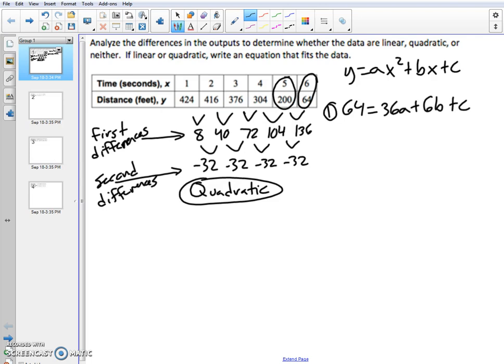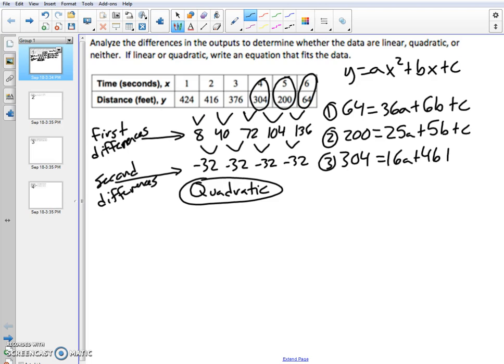Well, I'm just going to pick 5 and 200. Really, you could pick any of them. And the same idea. So this is my second equation. 200 is y. 5 squared is 25a, plus 5b plus c. And then I need one more point. I'll pick this one here. So 304 equals 16a plus 4b plus c.